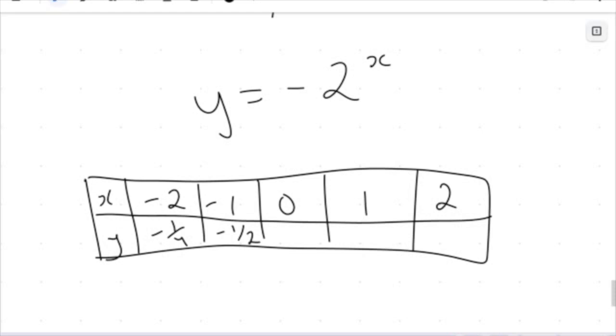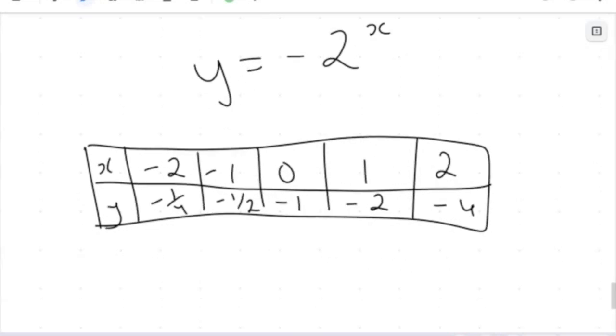And -2 to the power of 0, anything to the power of 0 is 1, and we have a negative in front, so that's going to be -1. Here I'm going to get -2 and then -4. Please feel free to verify these values by substituting your values of x in here, and double check that you're getting those numbers.